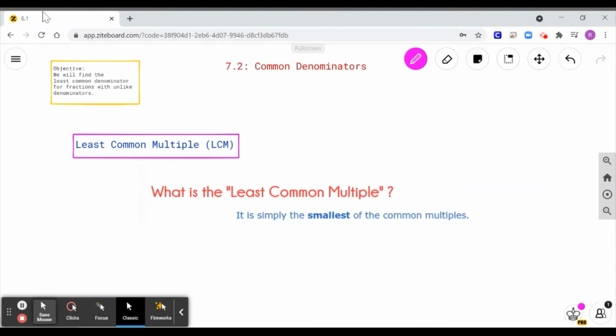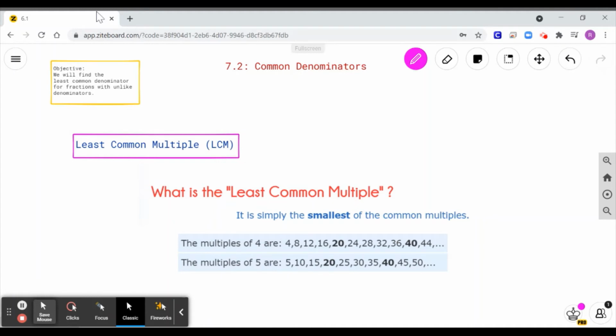So once we have listed the multiples and found which multiples are in common with each other, we then need to find what the least common multiple is. And the least common multiple is simply the smallest of the common multiples. So if we look back at this chart of the multiples of 4 and 5, we know that 20 and 40 are common multiples.